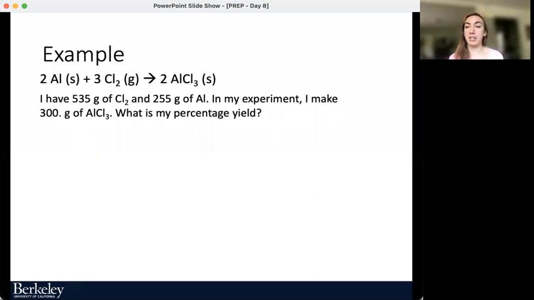And the additional information I'm going to tell you is that I ran an experiment in the lab and I made 300 grams of AlCl3. So in your groups, I want you to figure out your percentage yield. And to do that, you're first going to need to decide what your theoretical yield is.